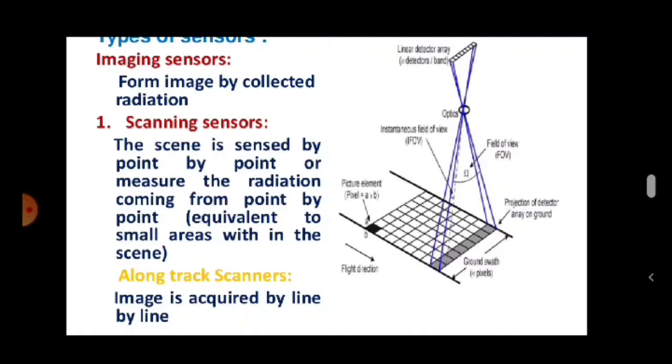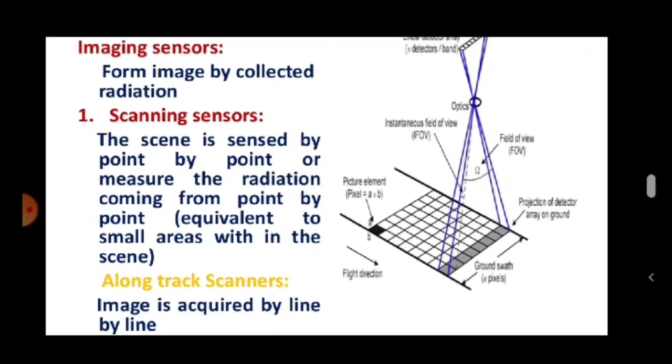One is along track, another one is across track. So when it comes to along track scanners, these can be called push broom.